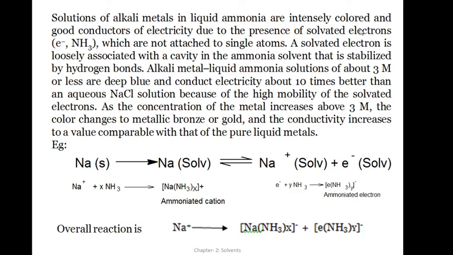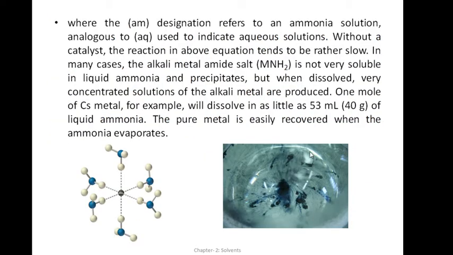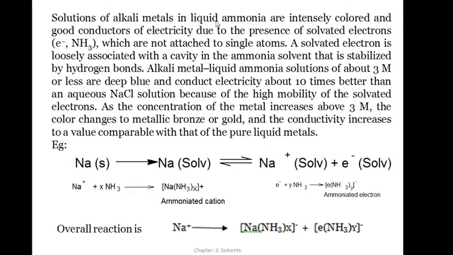Solutions of alkali metals in liquid ammonia are intensely colored and good conductors of electricity due to the presence of solvated electrons. Check here, free electrons are liberated, and these free electrons get solvated, and hence they become blue in color, which are not attached to single atoms.